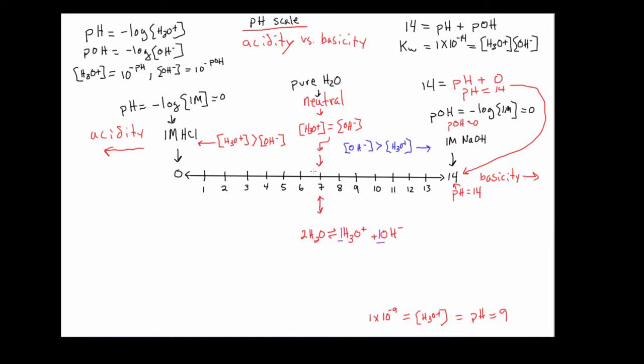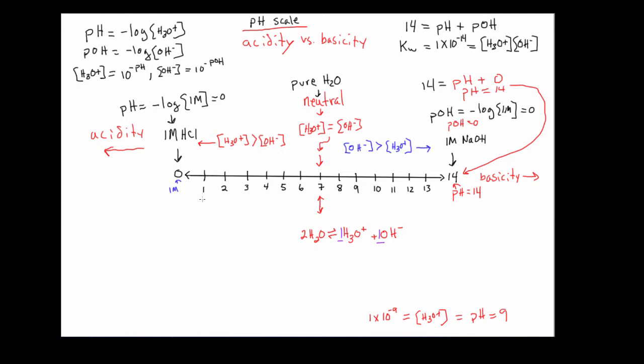Now, let's talk about the scale. The scale is logarithmic, and what that means is that, for example, as we go from 0 to 1, there is what we say a tenfold difference in the concentration of H3O plus. So at 0, we've got 1 molar H3O plus.